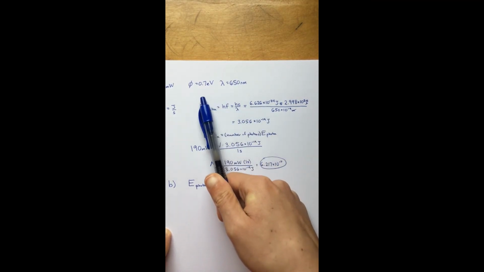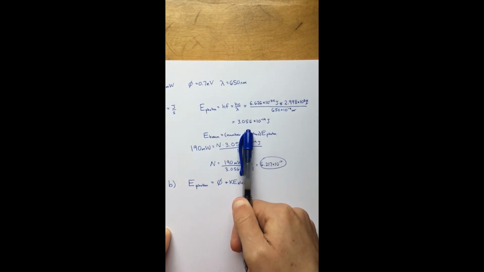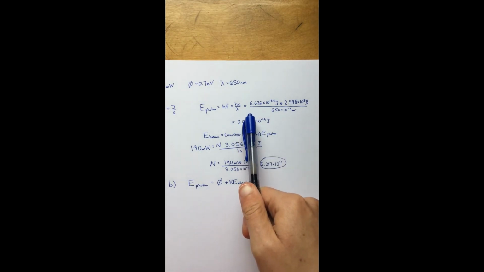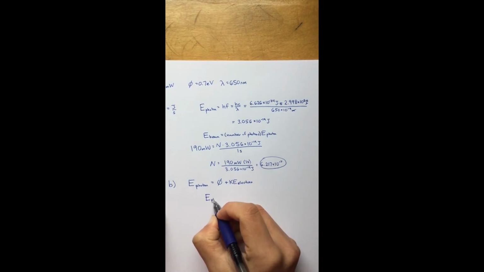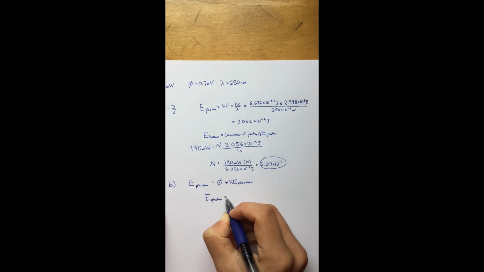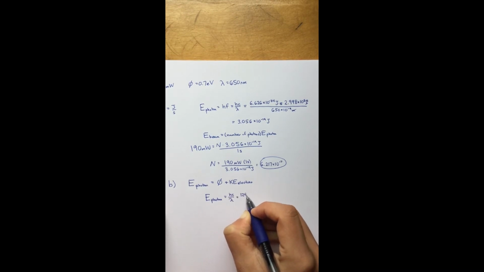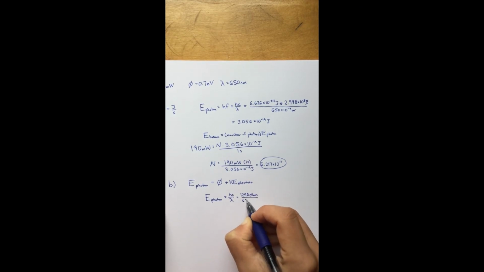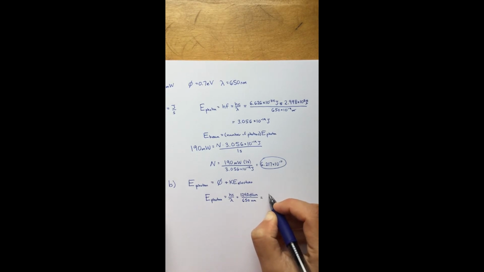The work function was given to us here, and I found the energy of the photon in joules, so we could convert that to electron volts, but maybe it's just easier to say this is hc over lambda. Hc is 1240 electron volt nanometers divided by the wavelength of 650 nanometers, which gives me 1.91 electron volts.